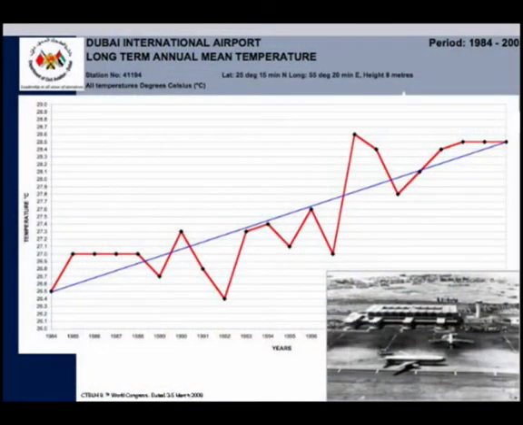This is a picture which I have, the plot, which shows the trend of temperature in Dubai. From 1984 to 2005, it shows an increase of 2 degrees centigrade.